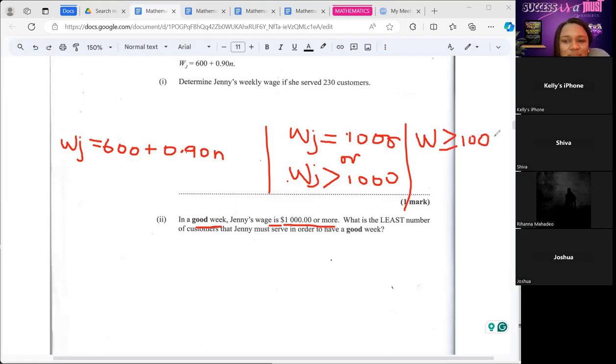Right? It's little small details you have to pay attention to. So that means we know what her wage is going to be on a good week, at least the minimum of 1,000, when she sells probably a lot of customers. Since we know what her wage is, we'll replace it here with 1,000 and we'll put greater than or equal to.